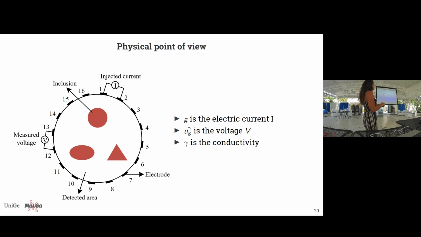Once we recover it, we want to find gamma, that is the conductivity. So we want to find the values of the conductivity in the whole domain omega. In this case, the values of the conductivity are only 2, because we have 3 inclusions with the same conductivity value, and the background has a conductivity value that is different from the inclusion.